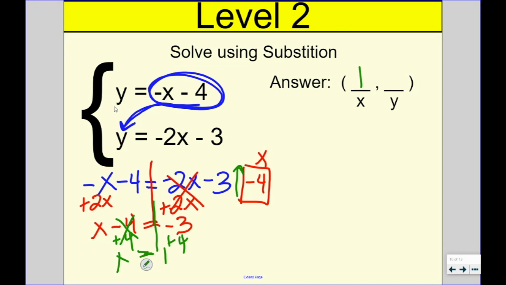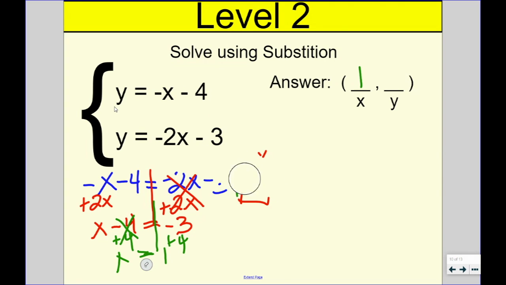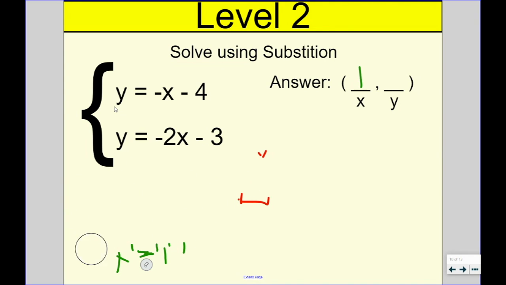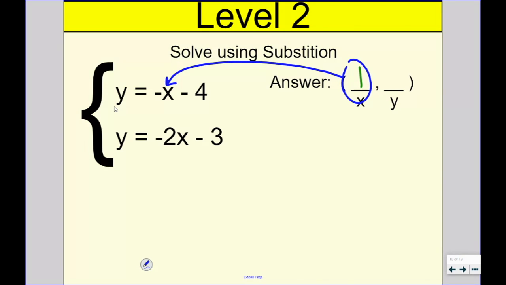Now, we don't know what our y is. We figured out that x is 1, so what do we need to do to figure out what y is? Well, I have two equations here I can choose from, and I can actually just choose either one of these equations and plug my x being 1 into it. So I'm going to choose this top one, it looks pretty good. I'm going to take my x as 1 and put it right in here for this x in this equation.